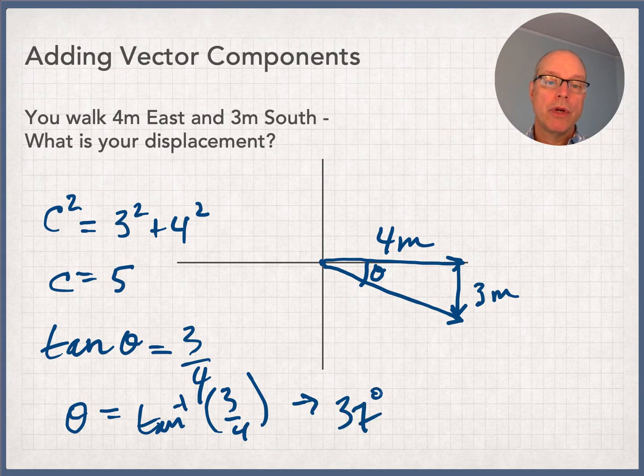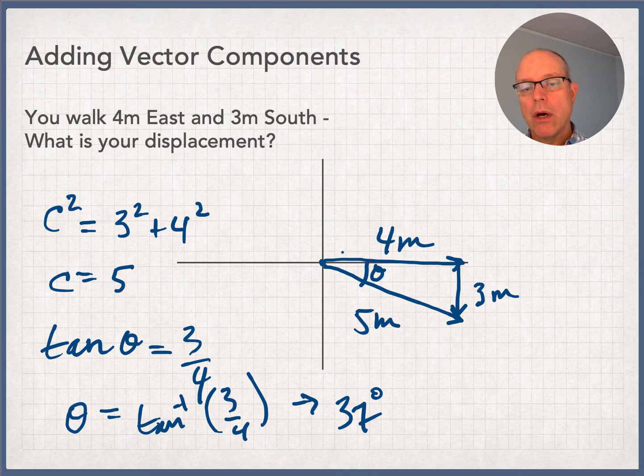And we're almost home free. What's our displacement? Well, it's not going to be 5 meters at 37 degrees. What we have to do now is have that flexible thinking. It's in the 4th quadrant. So what I'm going to give them from a navigational angle is going to run something like this. Here's 0, heading straight out east, 90 is north, 180 is west, 270 is south.